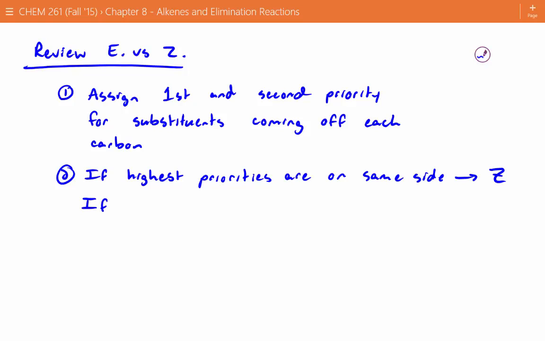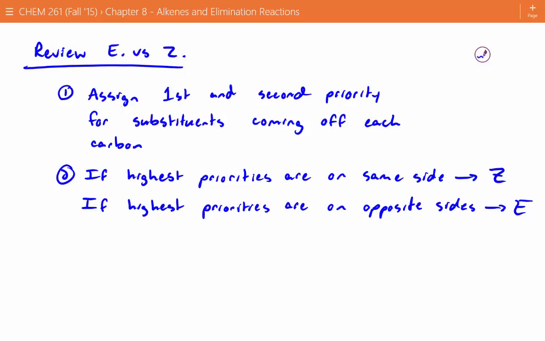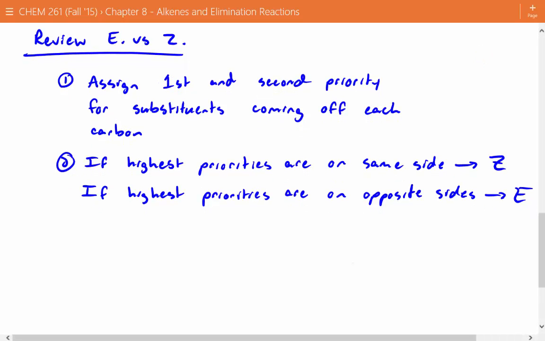And if our highest priorities are on opposite sides, it's going to be E. So we can use an alternate naming system besides cis and trans for these. So let's go through an example, and then we'll go back and name that last compound we were working on.